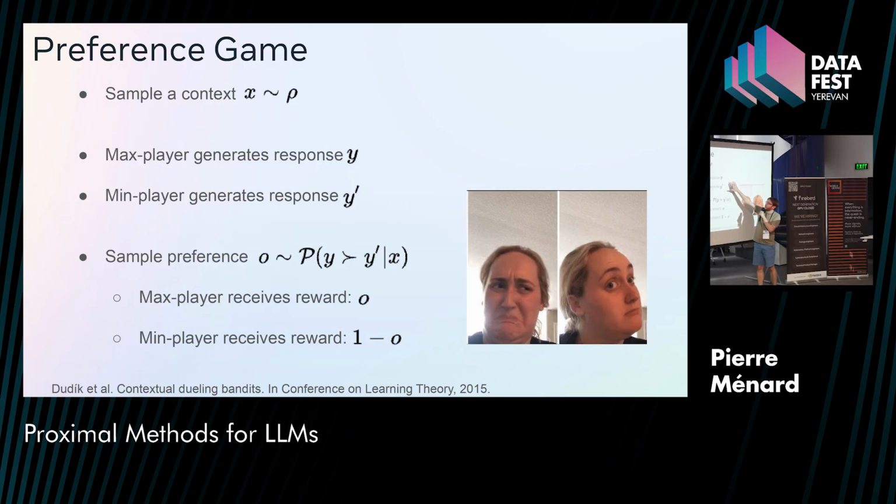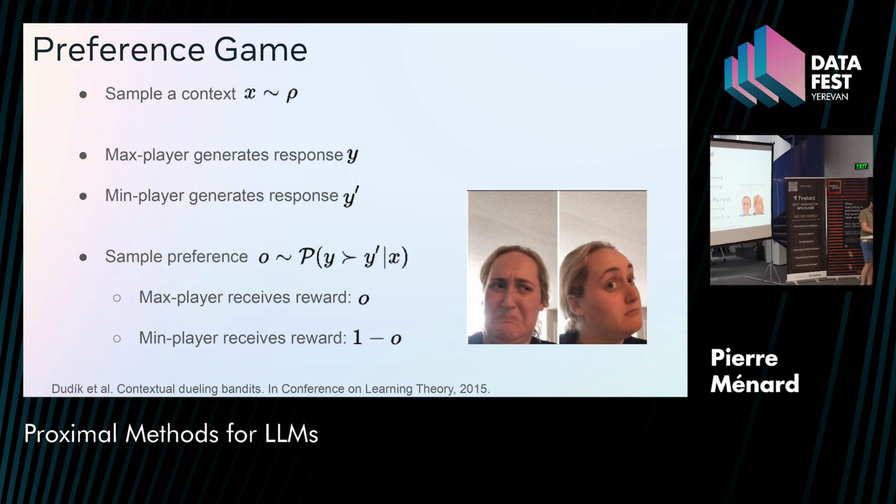You have in this game only two players: one max player, which generates one response, and a min player that generates the other response. The annotator will sample a preference. If the max player's response is picked, then the max player gets a reward of 1 and the min player a reward of 0, and you invert the reward if the min player's response is picked.